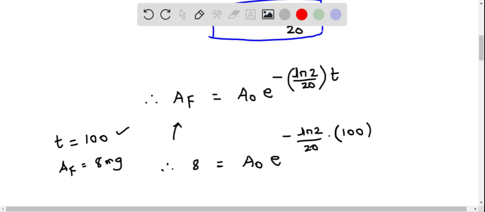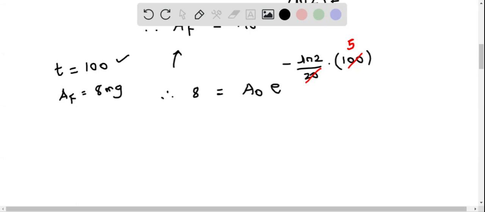Now we can do some simplification. We cancel this 100 by 20, which goes 5 times. This means we can rewrite this equation as 8 equals A naught e raised to the power of 5 times the natural logarithm of 2, but we have a negative, so negative 5 natural logarithm of 2.